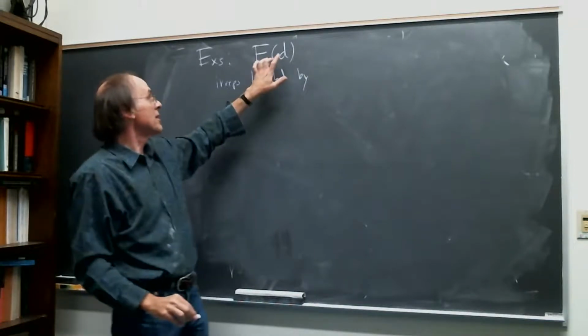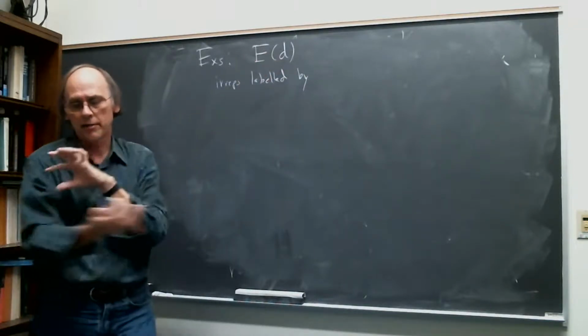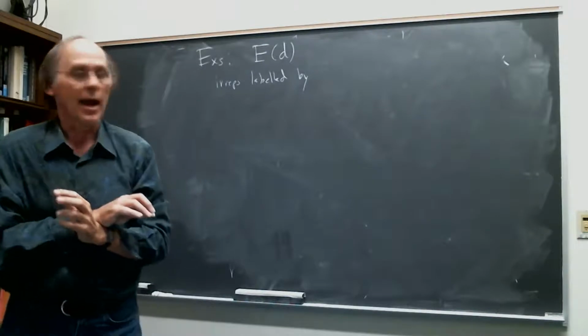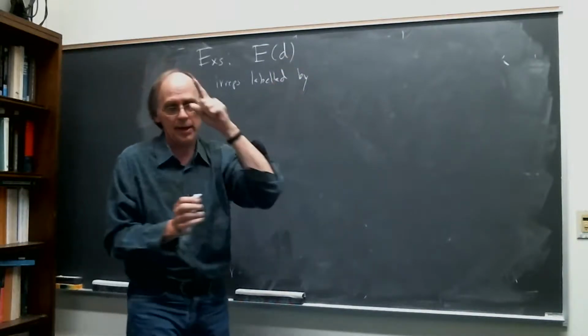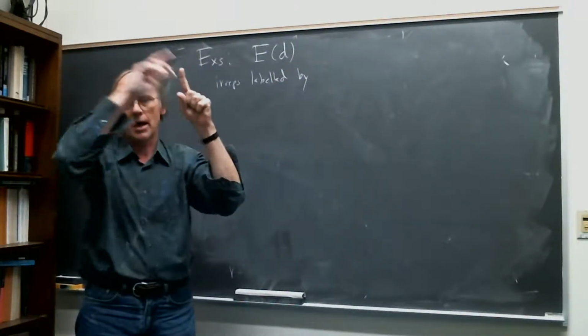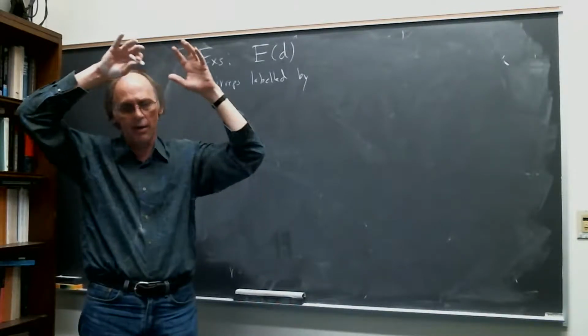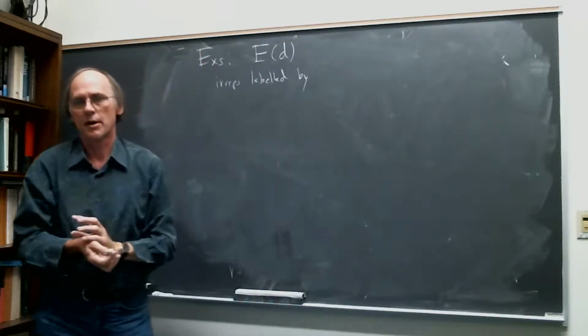Well, it's going to be the same story. You have R^d, and you've got rotations in d dimensions, and the orbits. If you pick any element in d-dimensional space and act on it by rotations, you get a (d-1)-dimensional sphere.